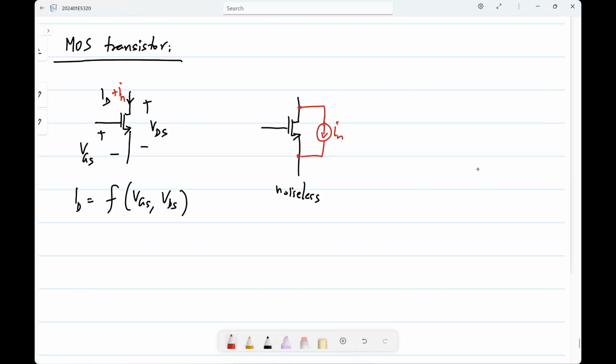Now it turns out in strong inversion, when the inversion layer is strongly formed, you will have thermal noise here also. Actually, there isn't much difference between a MOS transistor and a resistor, especially when VDS equals 0. In a resistor, there will be free carriers always available.